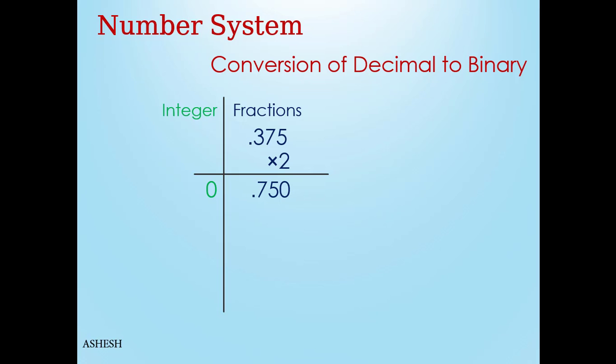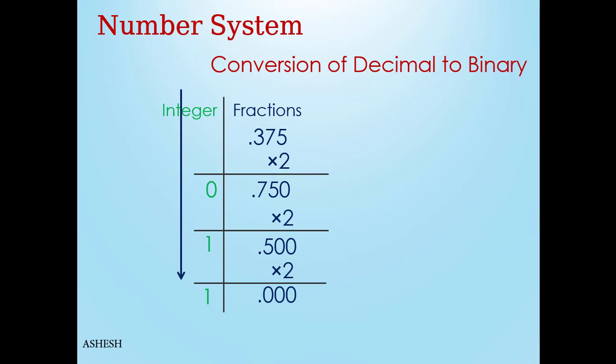Again multiply 0.750 by 2, then we get the fraction 0.500 and the integer 1. Again multiply 0.500 by 2, then we get fraction 0.000, or no fraction, and our integer is 1.